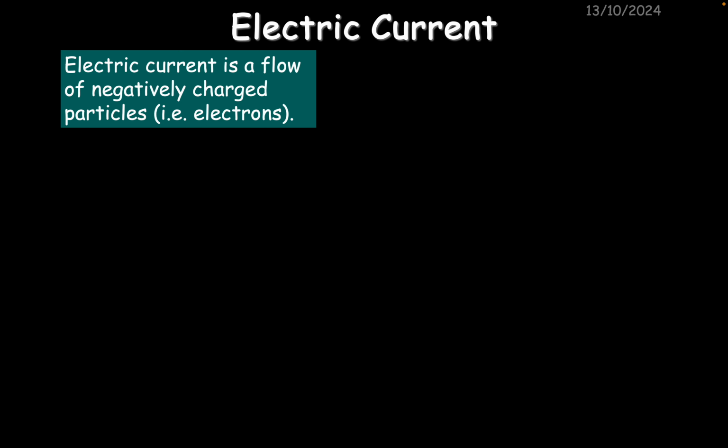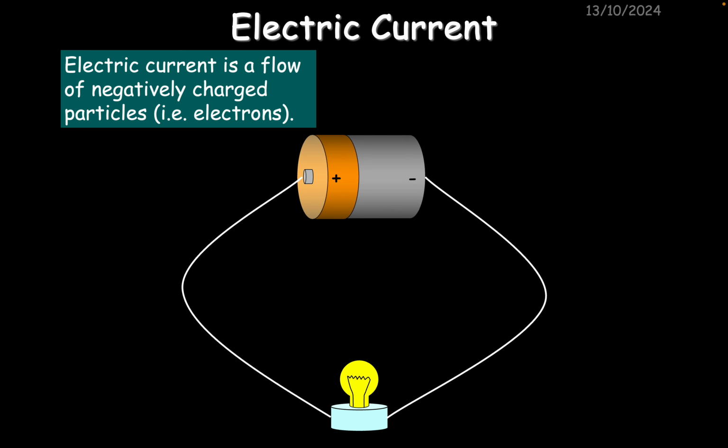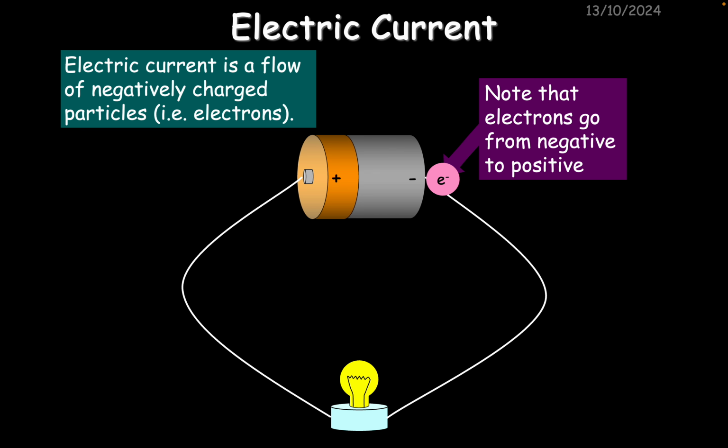Electrical current, on the other hand, is a flow of usually electrons, negatively charged particles in a circuit, but when the electrons go from negative to positive, that's what's happening in a metal, and the wires connecting the battery or the cell to the bulb are usually made of insulated copper wire.